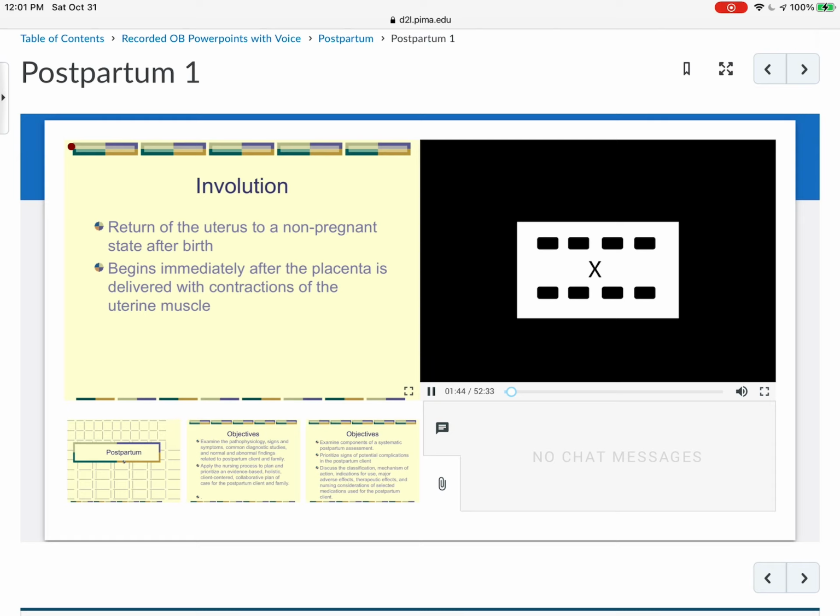In that preparation, there's a couple of hormones that play a huge component in pregnancy. One is progesterone, which maintains the pregnancy, and the other one is estrogen. What's interesting is that the placenta continues to grow inside the uterus.